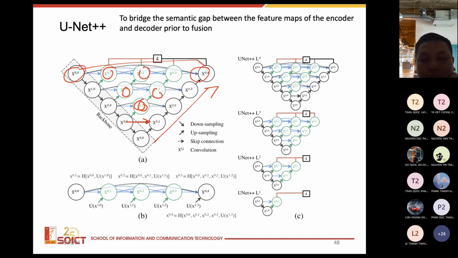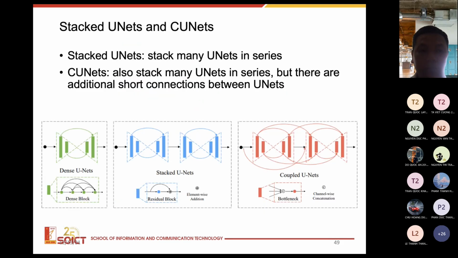And you also exploit deep supervision by having the loss not only on the last output layer, but also on the intermediate outputs here. Okay.